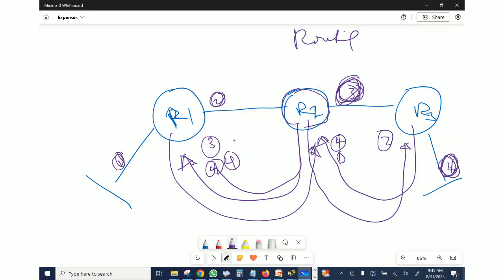So they are telling one another which networks are connected to them. And R2 will also gossip: R1 told me that it has network 1, so take it. In case your people want to go to 1, I have it.